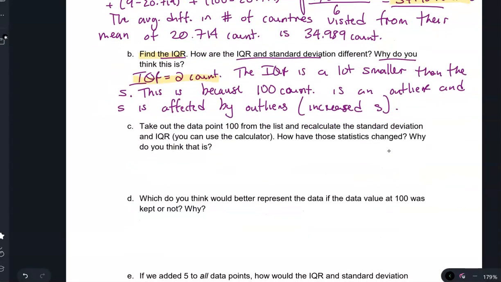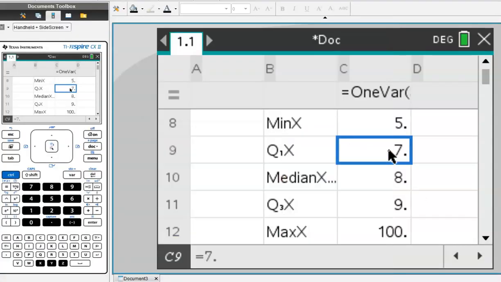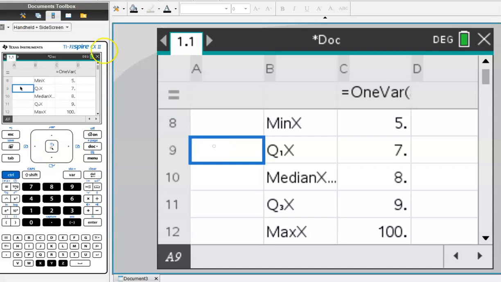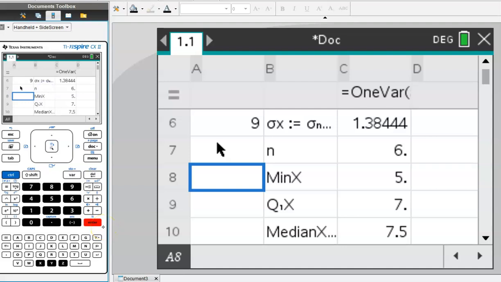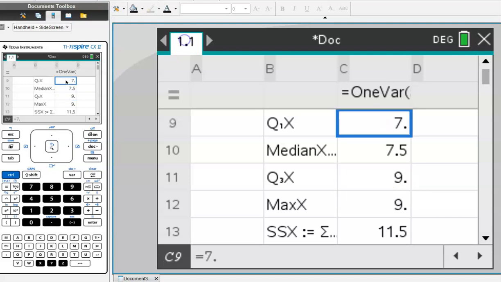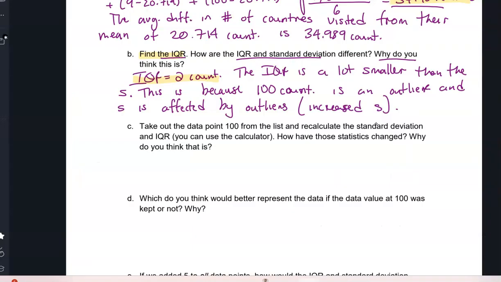Okay, so let's take a look at the next one. So we're going to delete the number 100 and see how everything changes. So notice it changes automatically. So if we find our IQR again, hey, look, it's still 2, okay? How have those statistics changed? So IQR is 2 countries.